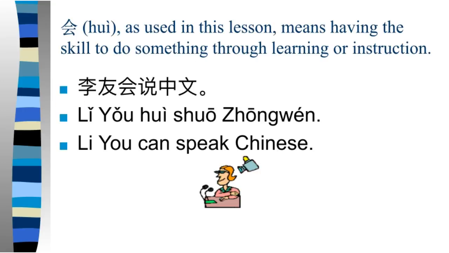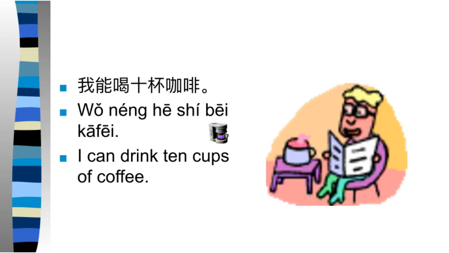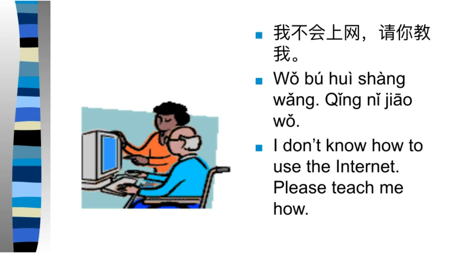She knows how to speak Chinese. 小白会唱很多美国歌。小白 knows how to, and she can sing many American songs. 我能喝10杯咖啡。I can drink 10 cups of coffee. I'm capable of that because I'm a coffee fanatic. I have that physical capacity.